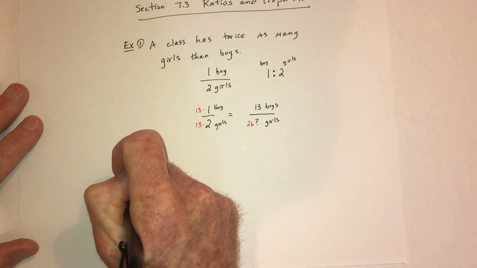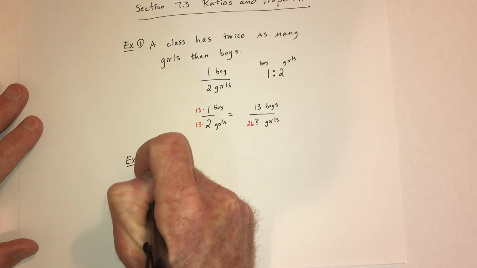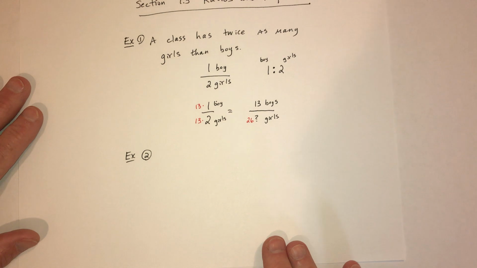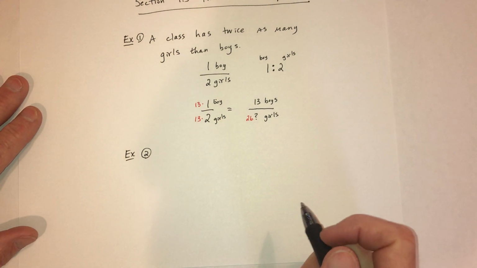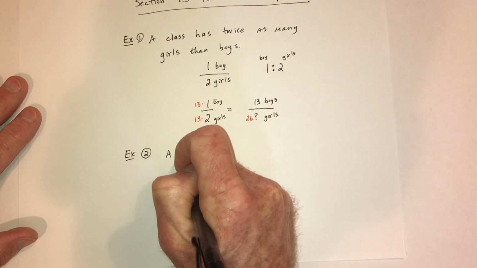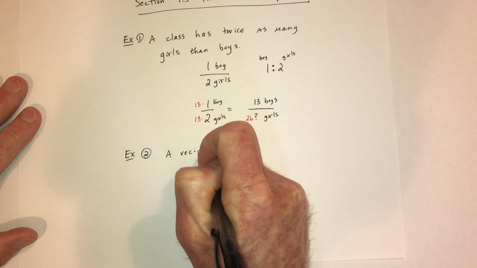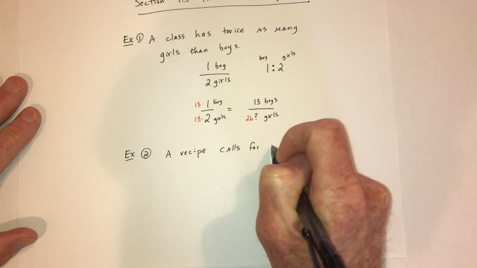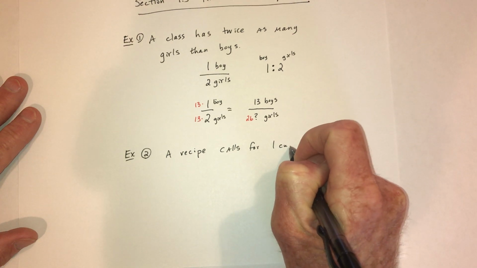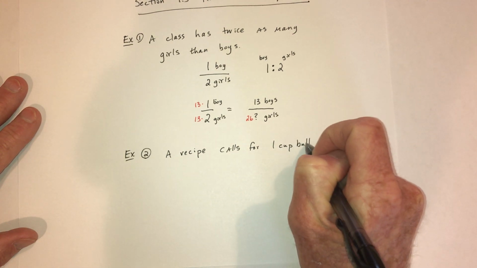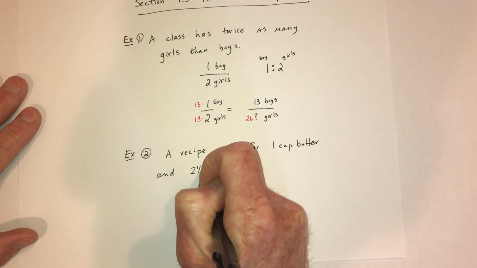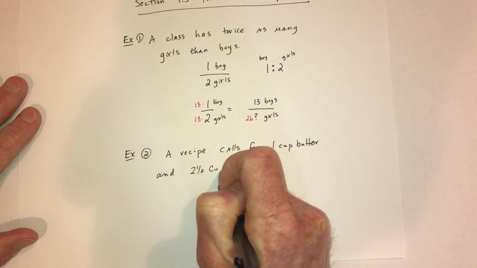Then example number 2, something that I've been doing a lot lately with the stay at home is a lot of cooking and baking. So this recipe calls for 1 cup of butter and 2.5 cups of flour.